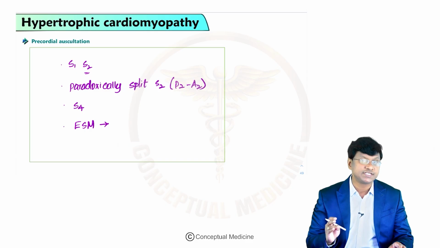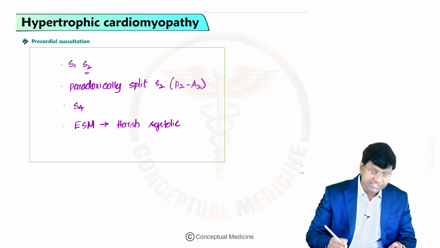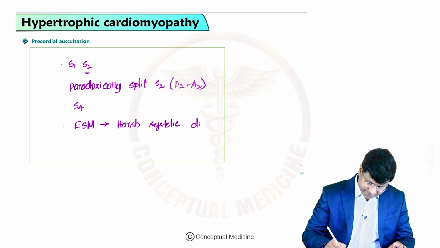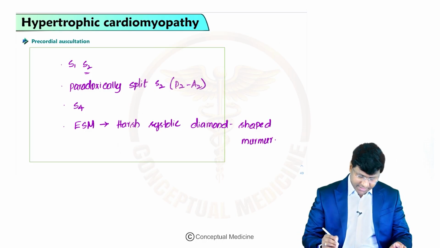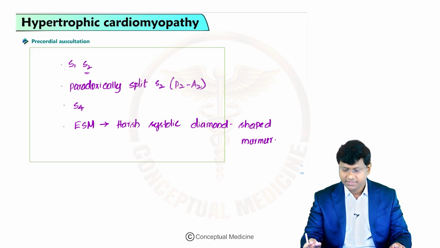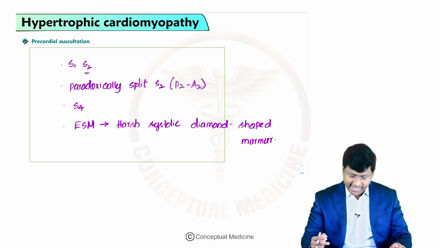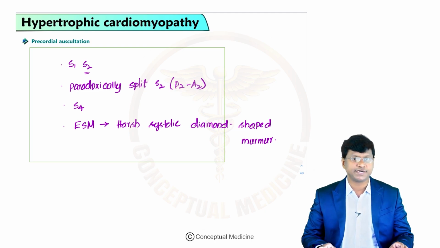It is a harsh systolic diamond-shaped murmur. Let me tell you, the ejection systolic murmur is also present in aortic stenosis as well as pulmonary stenosis, and apart from that, it is also seen in this clinical scenario, hypertrophic obstructive cardiomyopathy.